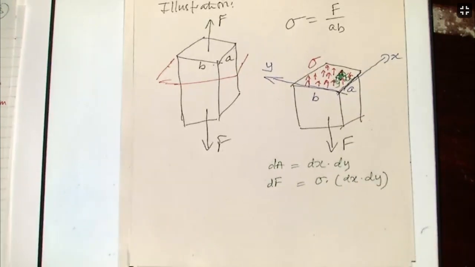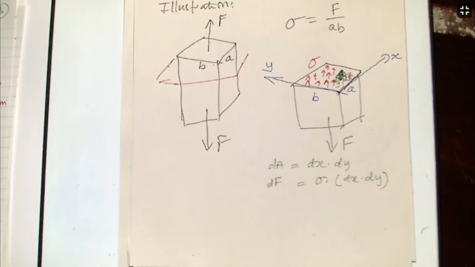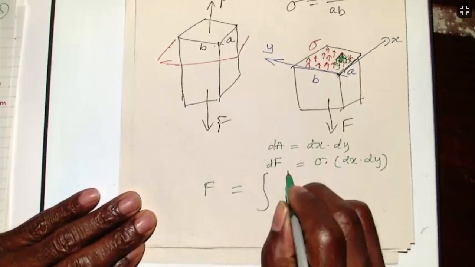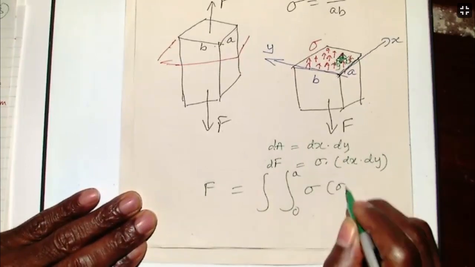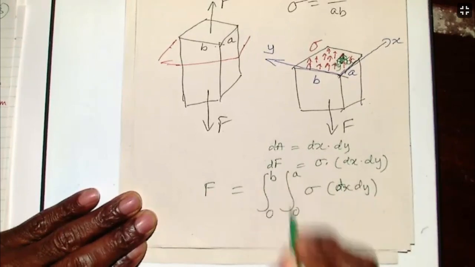So in order to ensure we have that concept of equilibrium, if I sum up all the forces that are developed by that stress on there, I must get back the force that I've got on that beam. So F must equal the integral from 0 to A, and 0 to B, of sigma dx dy.